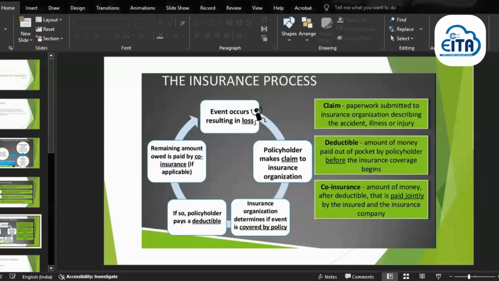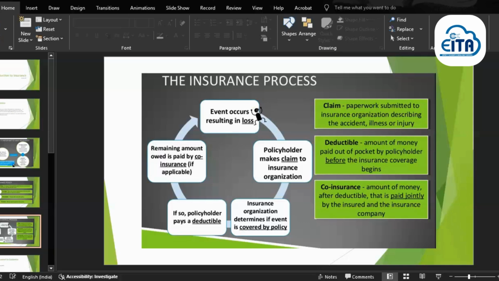Okay. Now, how does this insurance process work? Basically, there is some event which results in loss. If there is a loss, then policyholder will go to the insurance company and ask for the claim. Correct. Now, insurance company is not going to give the insurance directly. They will determine, okay, this particular event is there. For example, a very simple example is, suppose some personal vehicle gets stolen. He went to the insurance company and asked for the insurance.